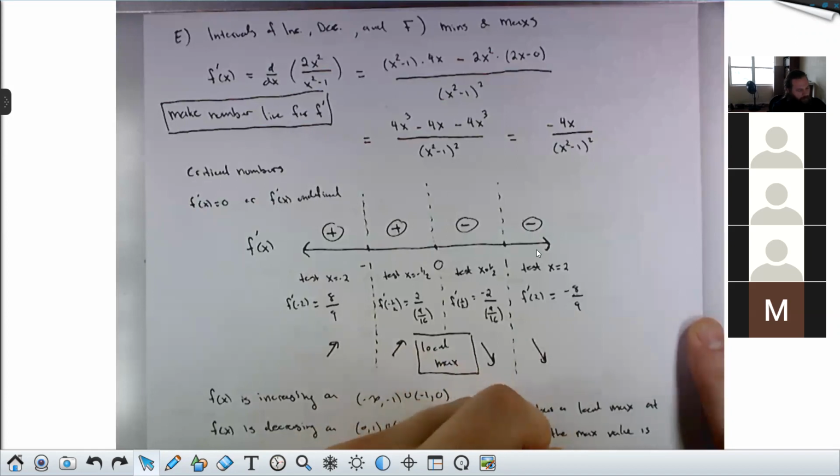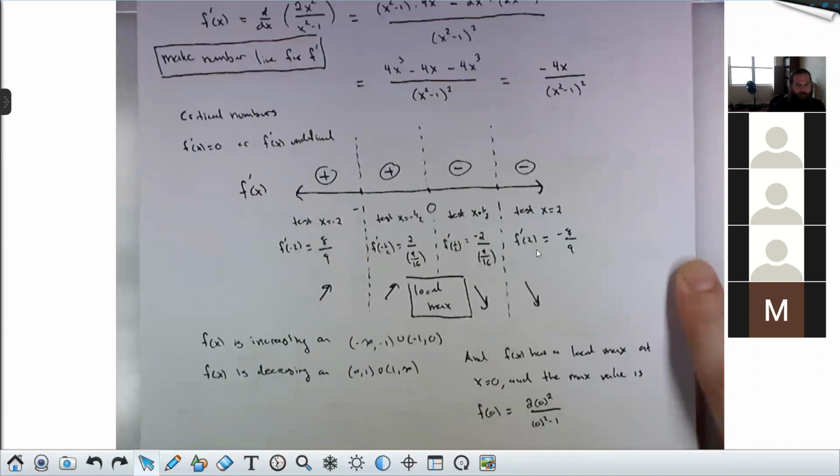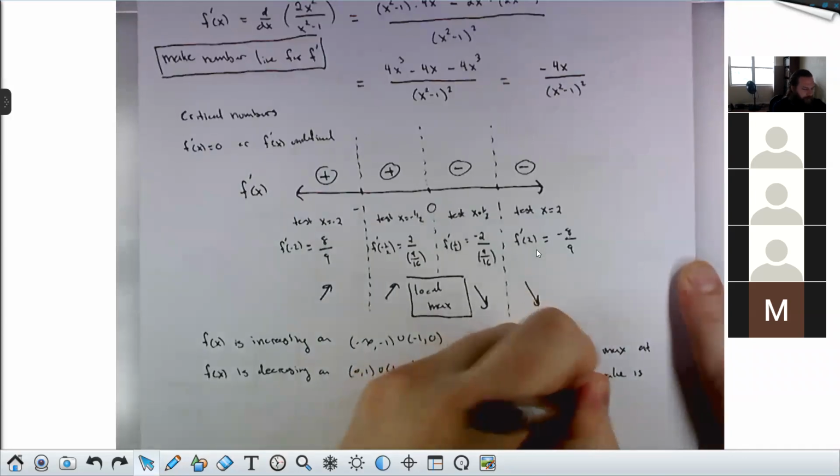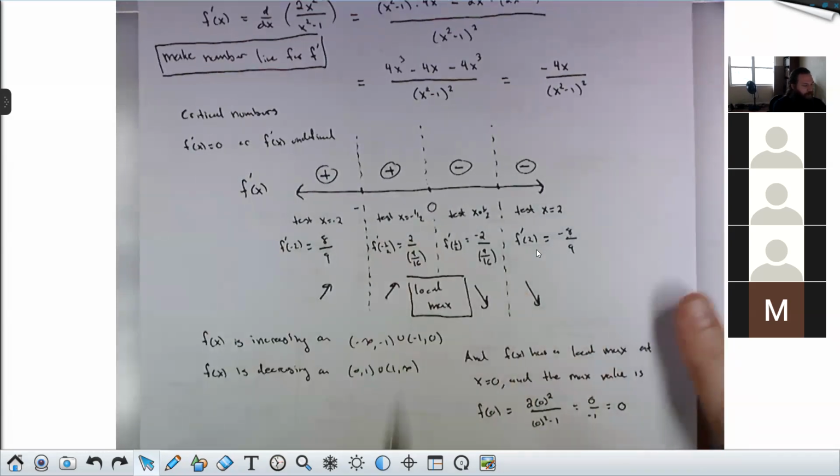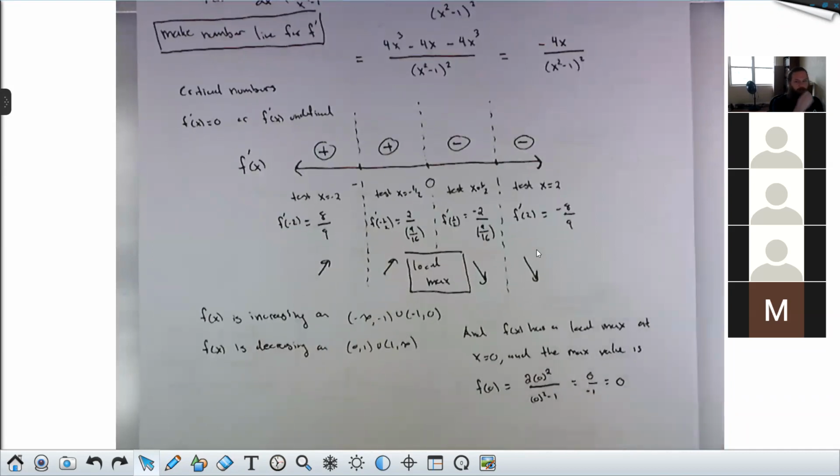This is what we would normally have to do anyway. Plug 0 back into the original, and you get 0 over -1, which is 0. So the local max occurs at x equals 0, and the max value is 0. Is everybody with me so far?